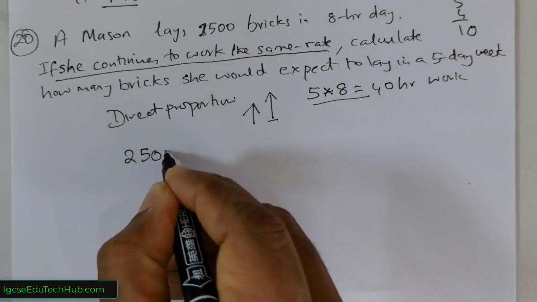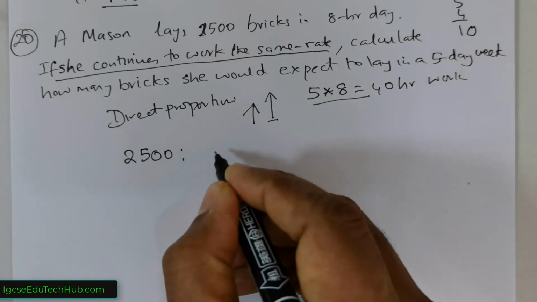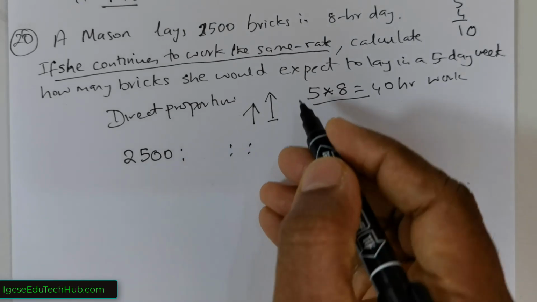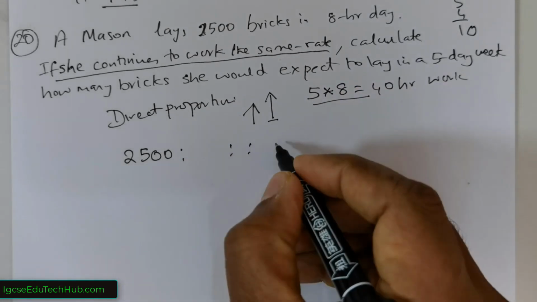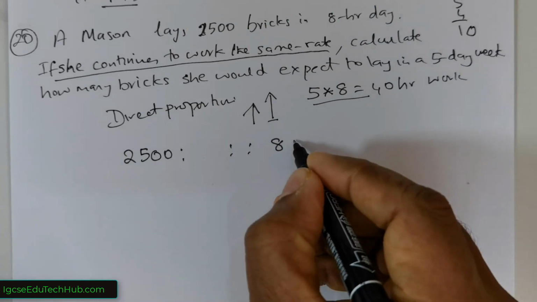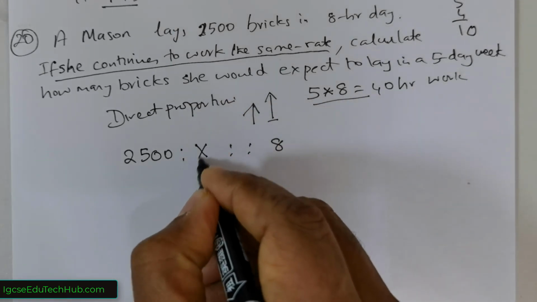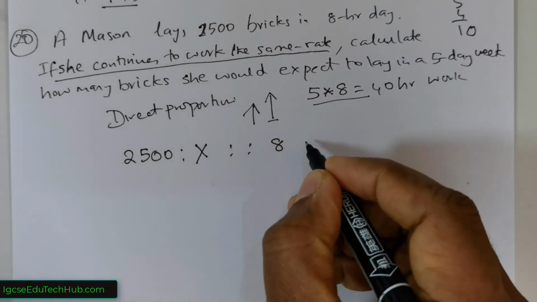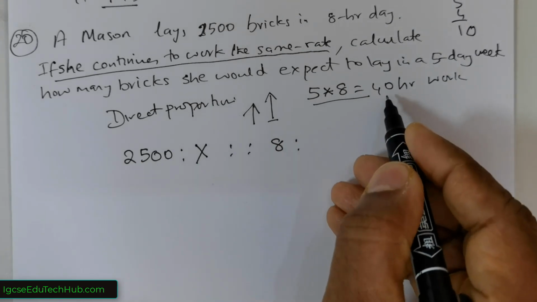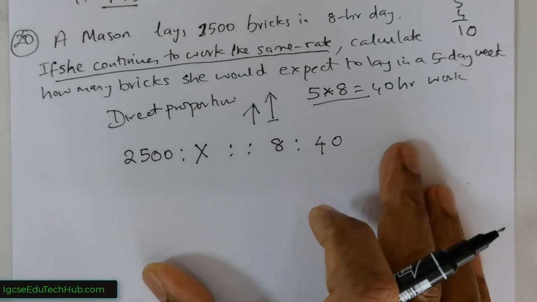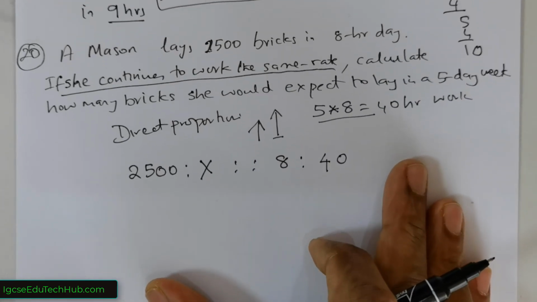So 2500 bricks are being laid, and this is connected with the proportion that to lay 2500 bricks she is spending 8 hours. Now we are expected to find the number of bricks that she would expect to lay in a 40-hour week. So this is the way in which you have to create the system.